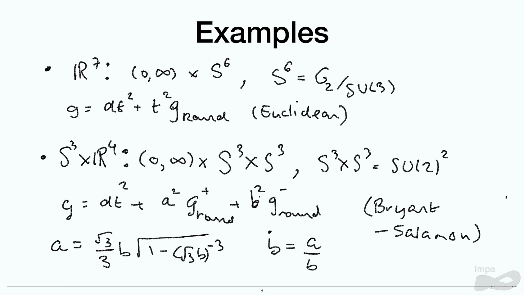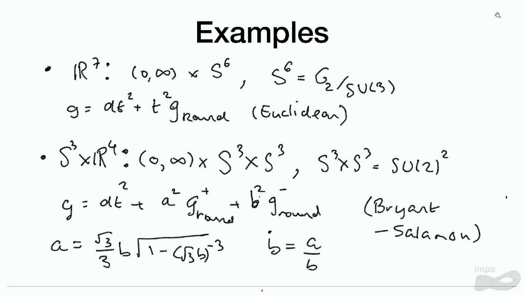If you've never seen some examples, here are two. The Euclidean R7: my interval is the unbounded interval 0 to infinity, and S6, where I'm writing S6 as the homogeneous space G2 mod SU3, and the metric g_t is t squared times the round metric on S6. That's the Euclidean metric written in this way.